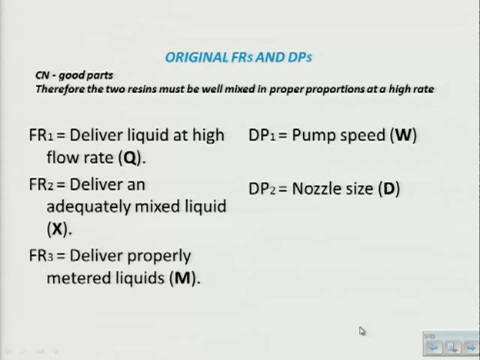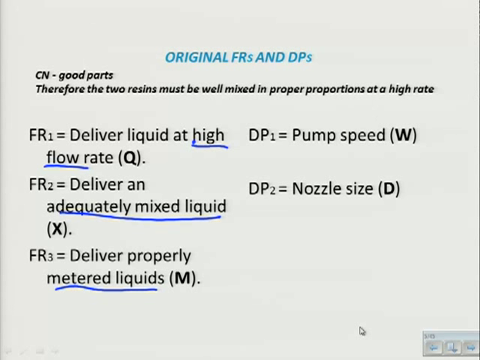So the original design had really three FRs. First of all, we're trying to deliver three different things: one is related to a high flow rate, another is related to mixture, and another is metering. High flow rate is because this stuff starts to react and you've got cycle times you'd like to meet.